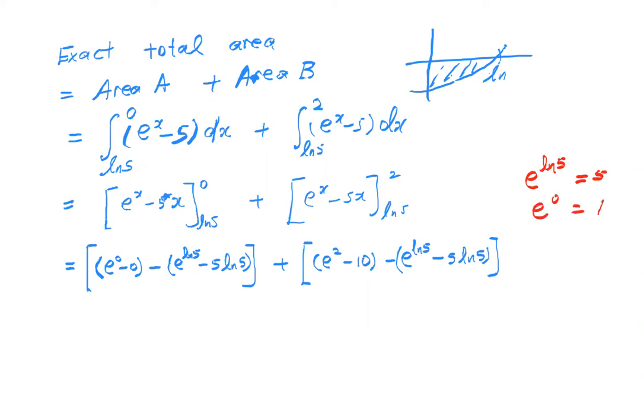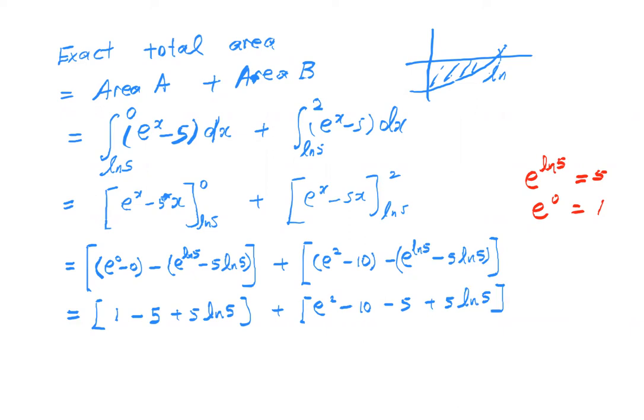Okay, done. So we know all this value already. We are going to write down 1 minus 5 plus 5 ln 5. You open one bracket by one bracket. Don't open together, you get crazy. e squared minus 10 minus 5 plus 5 ln 5.